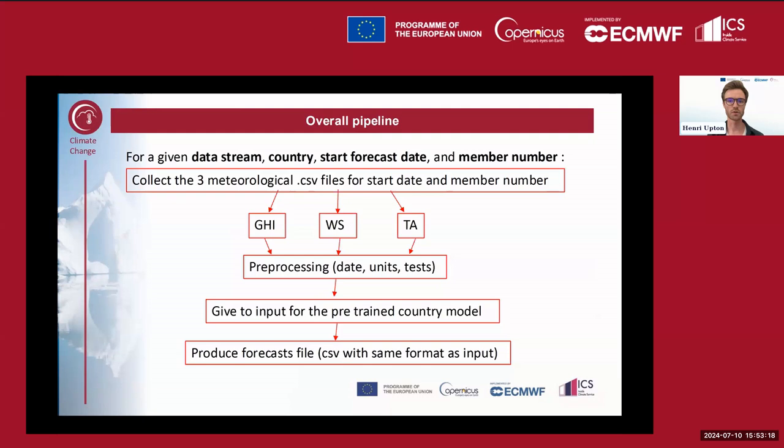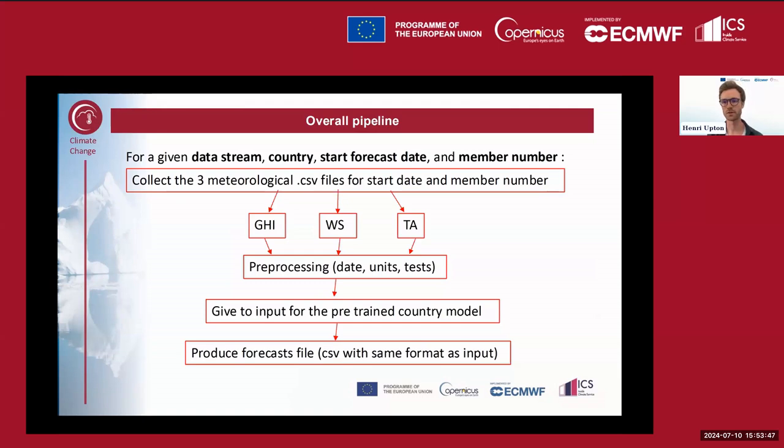To have a clear overview of the process, to recap, we have the 3 meteorological CSV files for start date and member number. For the meteorological variables, we pre-process them. To give it as simple input for our model, we need a daily observation, so we aggregate it if needed. We also check the units.